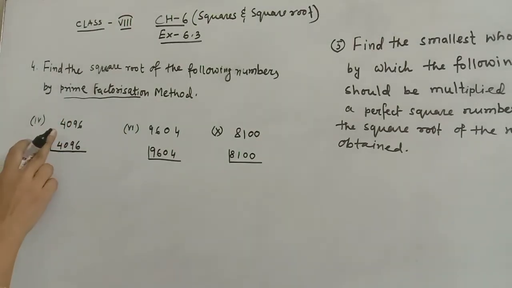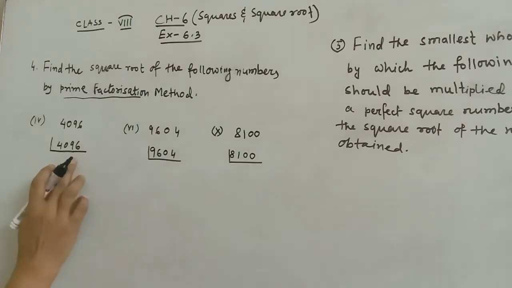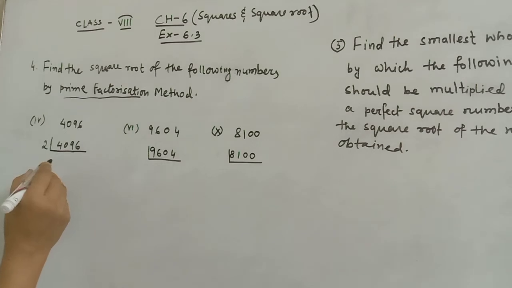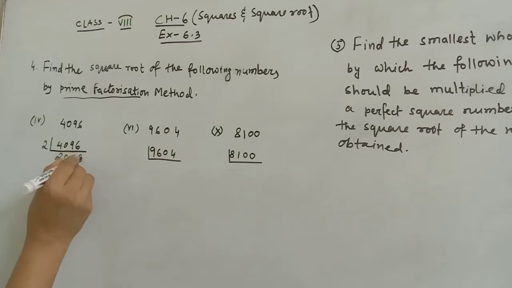Question number 4, it is 4096. Even number, so you can divide it by 2. The same way, you divide the number 4096 and you will get 2048. Again by 2.